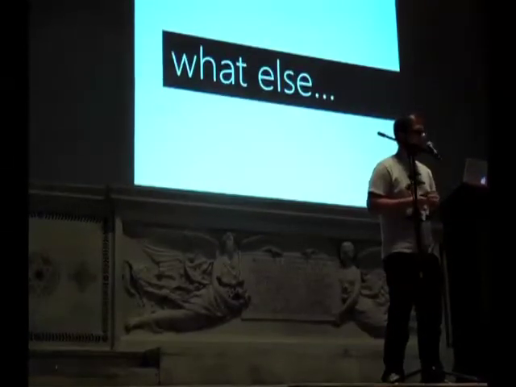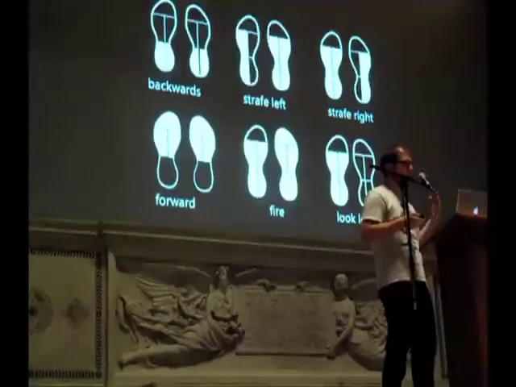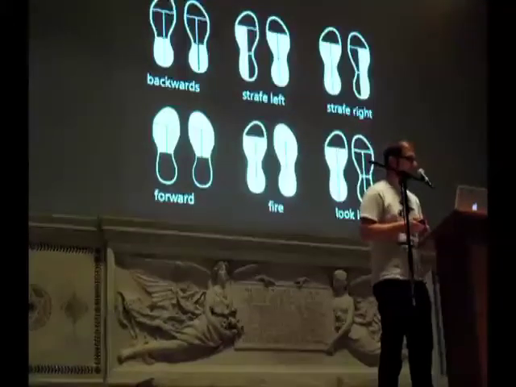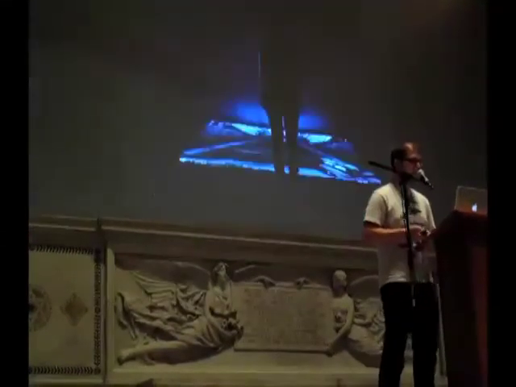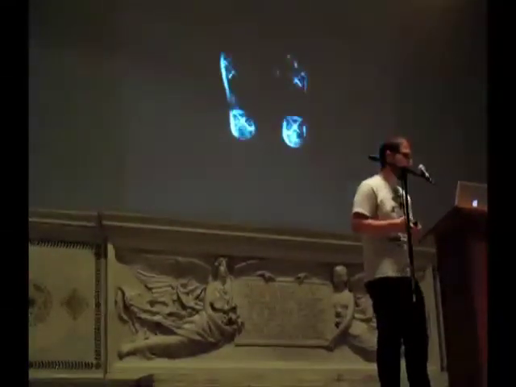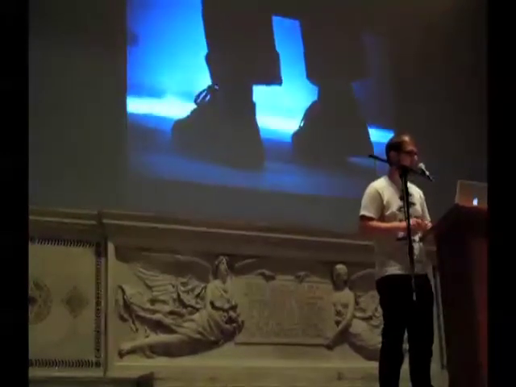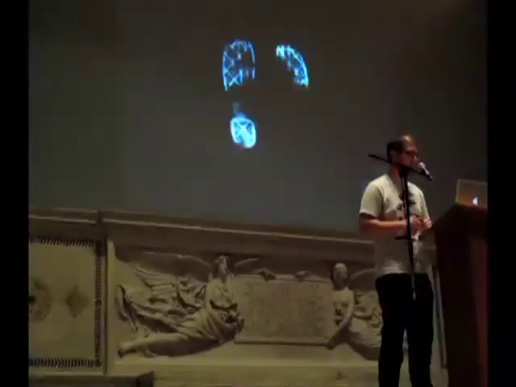There are a couple of other things that we stumbled upon along the way. We found that we can enable more degrees of freedom, for example, like this. Here you can see how the person strays to the side and fires.